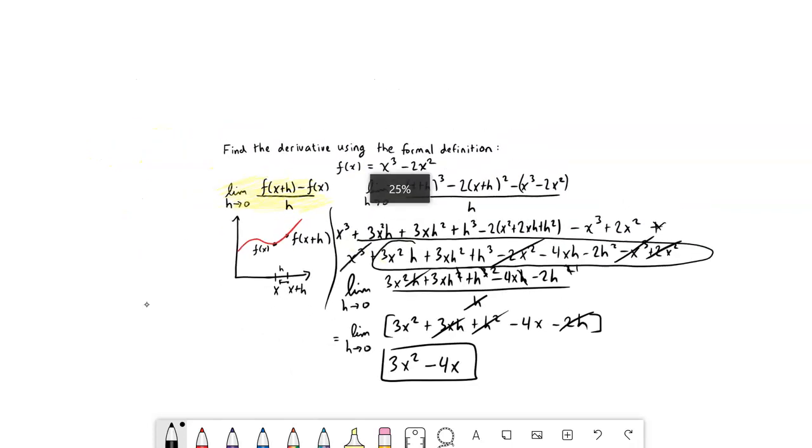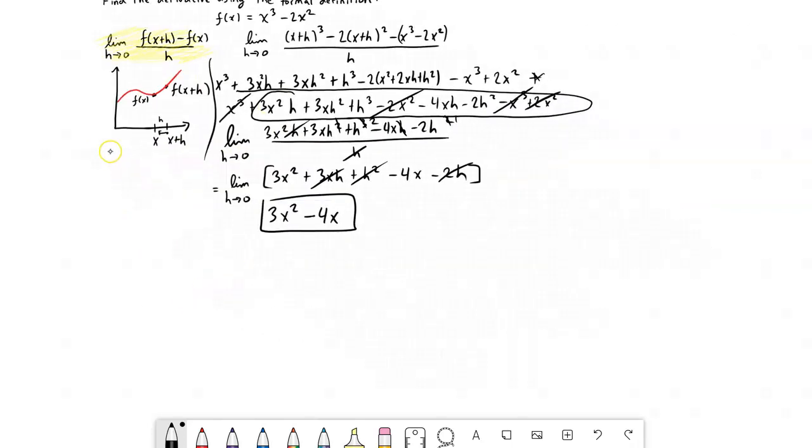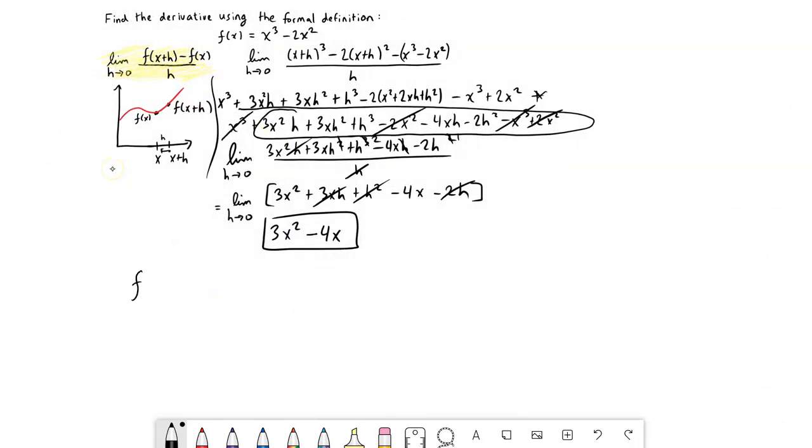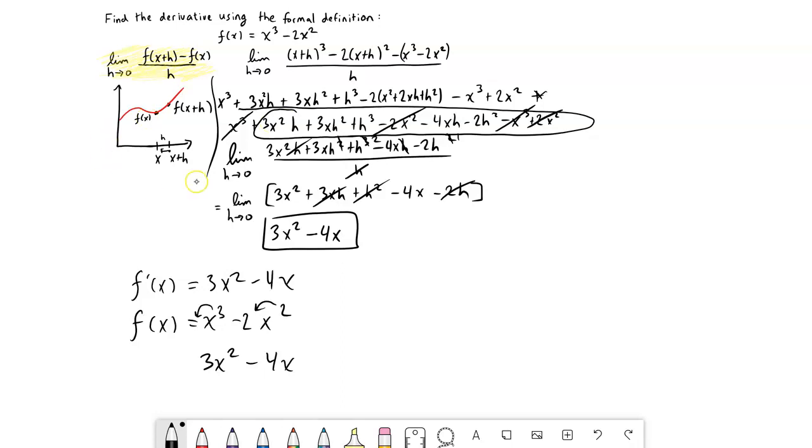So the derivative of f of x is 3x squared minus 4x. This is 3x squared, then you subtract 1. Minus 2 times 2, that's 4, and then x to the first, which is x. So it is correct using the double check method.